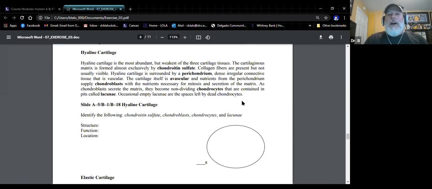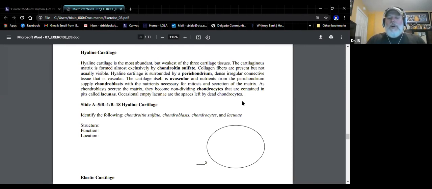Now, hyaline cartilage is going to be surrounded by a perichondrium. That perichondrium is vascular, which is going to help us to grow the new cartilage when we're making the cartilage to begin with. But eventually, that cartilage is going to slow down in its production, and the chondroblasts that we see will become chondrocytes.